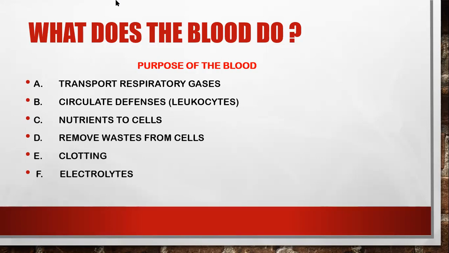Hemoglobin. And so not only does it carry oxygen, but the blood has to carry the carbon dioxide that is made, so it can go back to the lungs and you can exhale it out. So that's what is meant by transporting the respiratory gases. The respiratory gases are carbon dioxide and oxygen. The blood carries both of those in order to give the body the oxygen and rid the body of carbon dioxide.